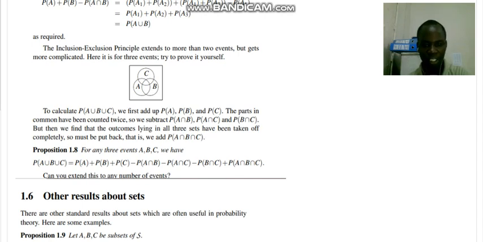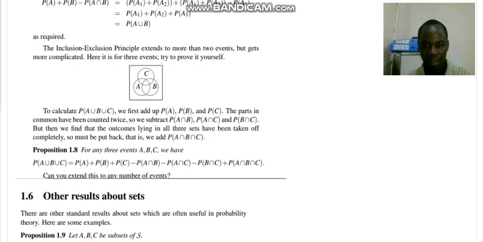To calculate the probability of A union B union C, we first add the probability of A, the probability of B, and the probability of C. The parts in common have been counted twice, so we subtract the probability of A intersection B, A intersection C, and B intersection C. But then we find that the outcomes lying in all three sets have been taken off completely, so they must be put back.